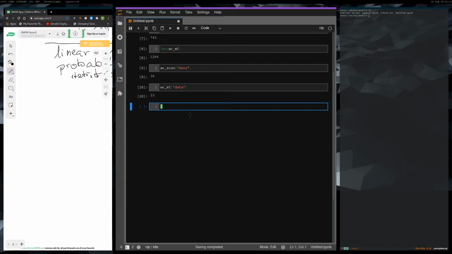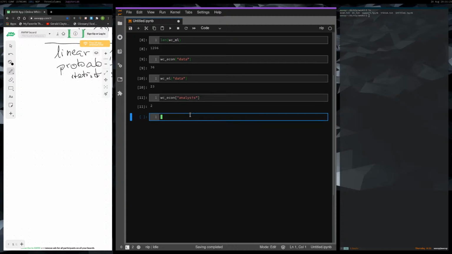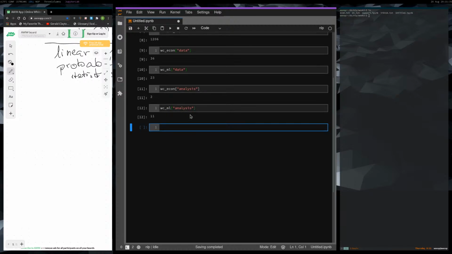By the same token, we're going to look at analysis, which occurs only 2 times in the text about economy, and 11 times in the text about machine learning. Okay?